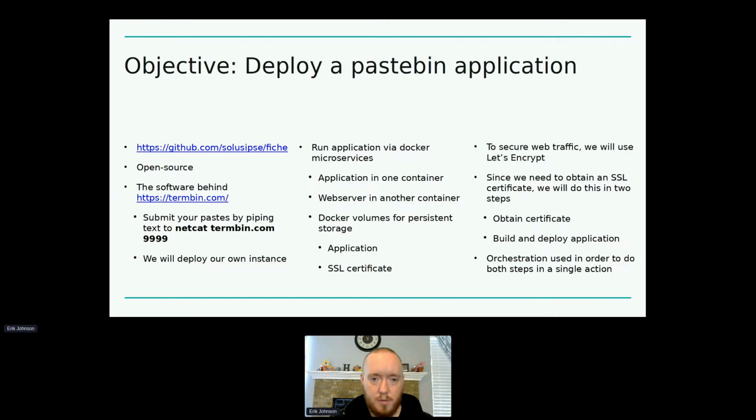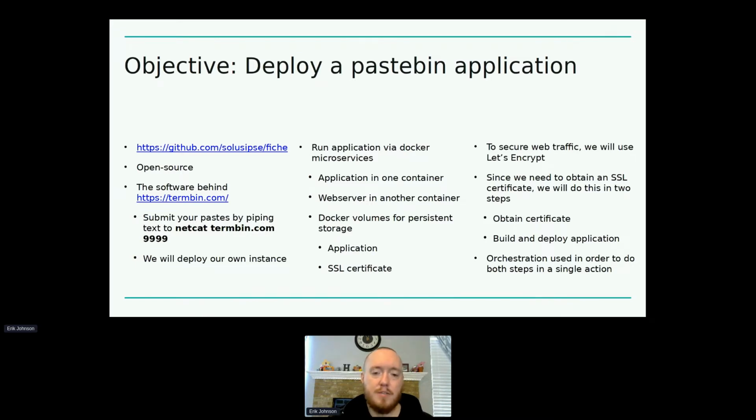So we'll be doing this deployment via Docker microservices. So we're going to have one container that runs fiche itself, one that runs a minimal Nginx that will provide web access to the pasted content, so to provide the URL, the web access to view your pastes.